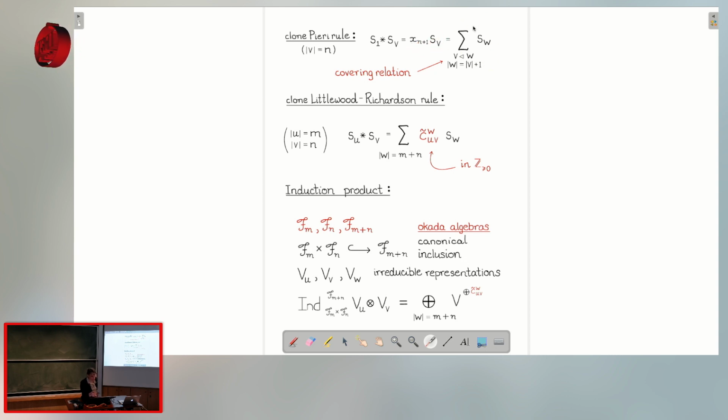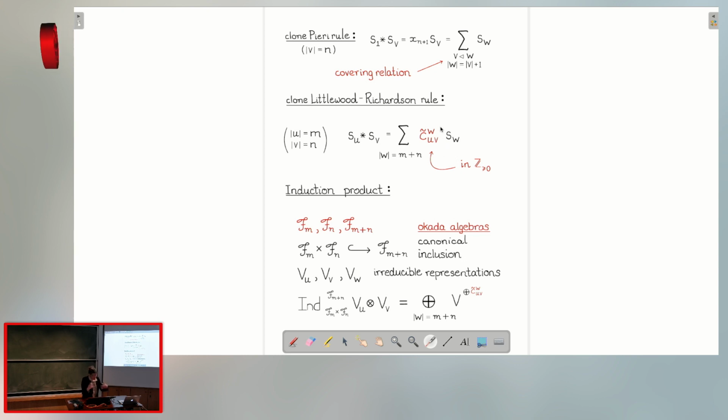And it expands into the clone Schur functions one step higher which cover v. And again, we have a Littlewood-Richardson rule: the shifted product of S_u and S_v can be written as a sum of S_w, where w has rank m plus n, and these structure constants are again non-negative integers.